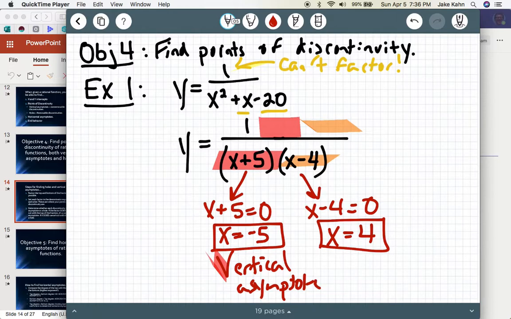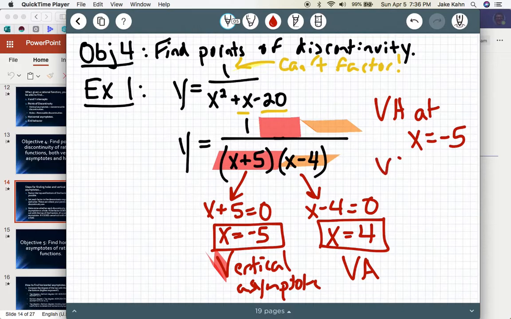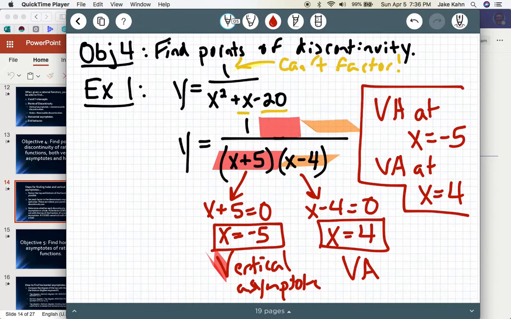And I just call these for short VA. All right? So the answer to this problem is we have a VA at x equals negative 5, and we have a VA, vertical asymptote, at x equals 4. These are my points of discontinuity for this problem.